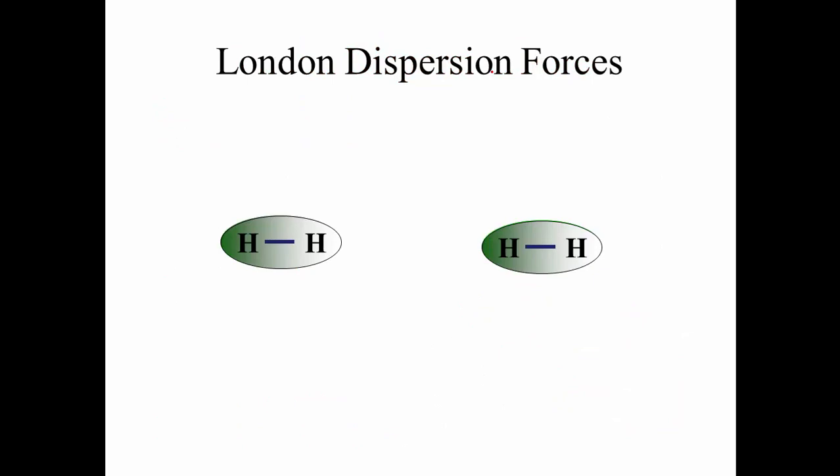So here you've got two hydrogen molecules, both nonpolar, not attracting each other. There's no positive or negative end, but all of a sudden the electron cloud gets distorted because you never know at any given time. The electrons are 90% of the time where we expect them to be, but 10% of the time they are wherever they want to be. So for a short period of time, there's a polarity that induces a polarity.